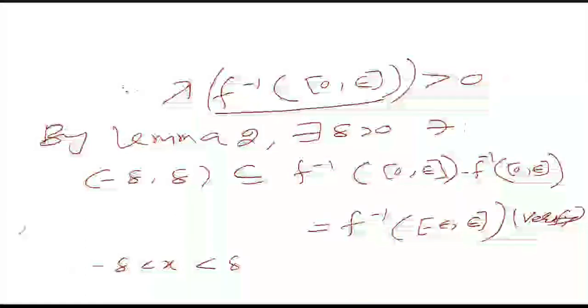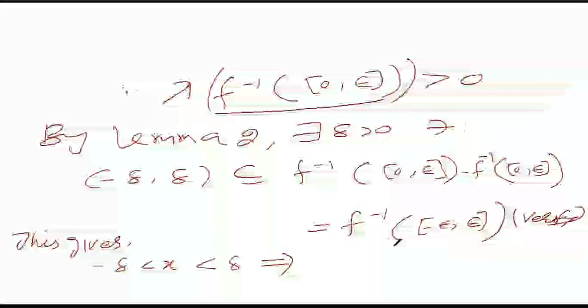This gives minus delta less than x less than delta. That means x belongs to this interval. Whenever x belongs to this, it implies that x should be here, which means f of x lies between minus epsilon and plus epsilon.